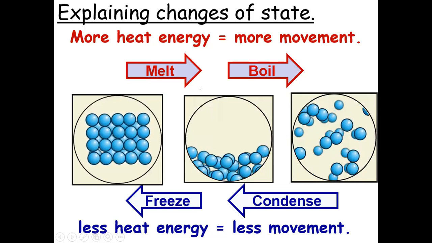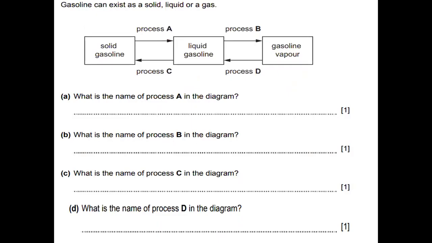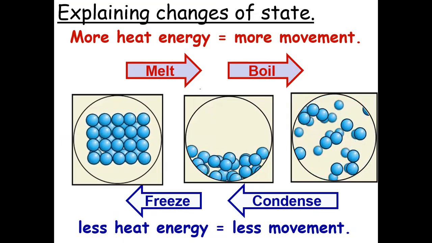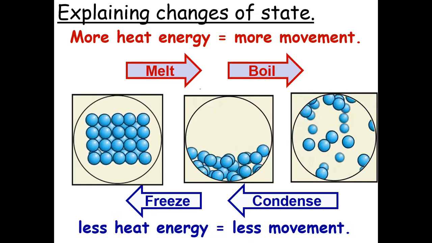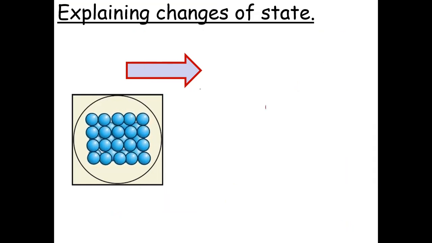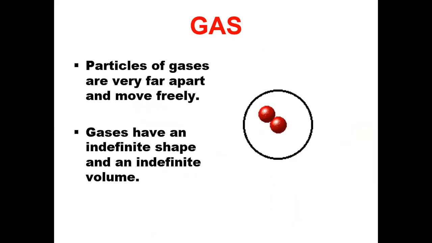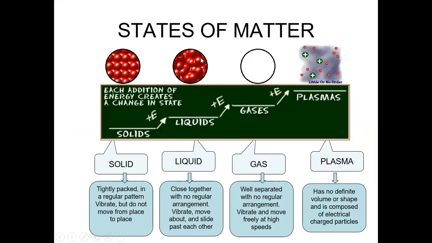Great. Now look at the first question that we have from the past paper, but let's make a quick revision on what we have studied today. We talked about the three states of matter, which are solids, liquids, and gases.